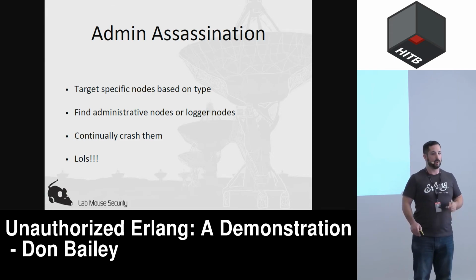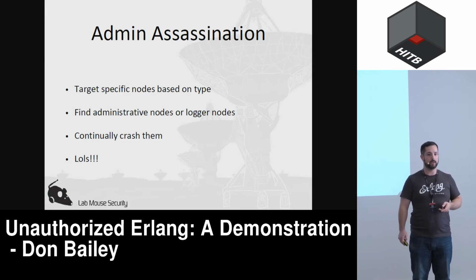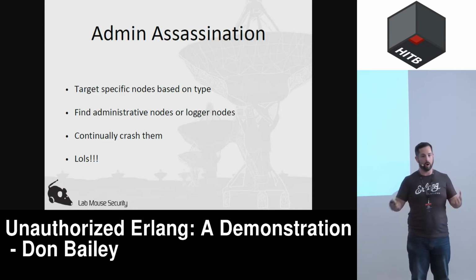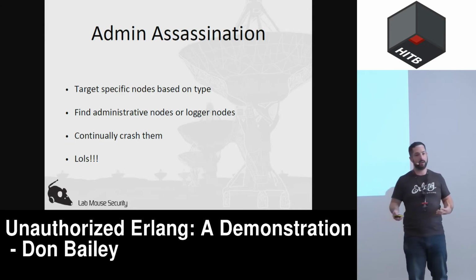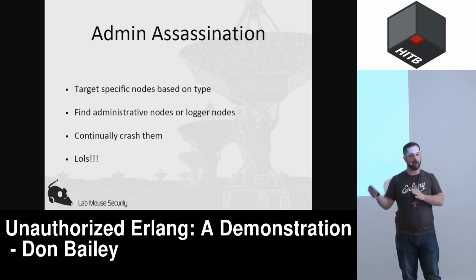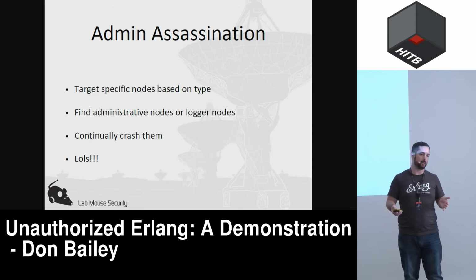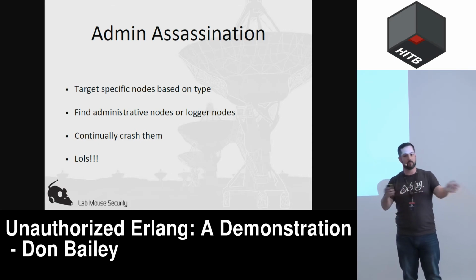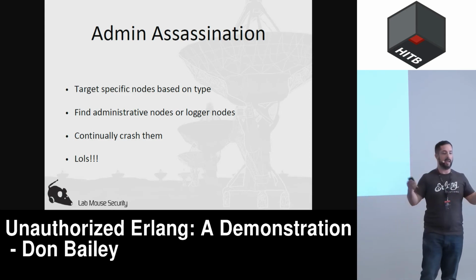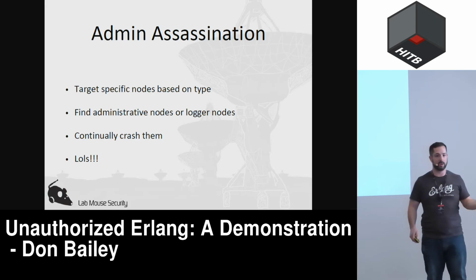But it's great for exploitation because a lot of instances will have administrative nodes or logger nodes or things of that nature. And if you want to get really tactical about it, you can basically pick all those off by using this atom bug to remotely connect over and over and over with node names, have them converted to atoms using arbitrary host names, fill up the atom table, and then kill all these administrative processes.